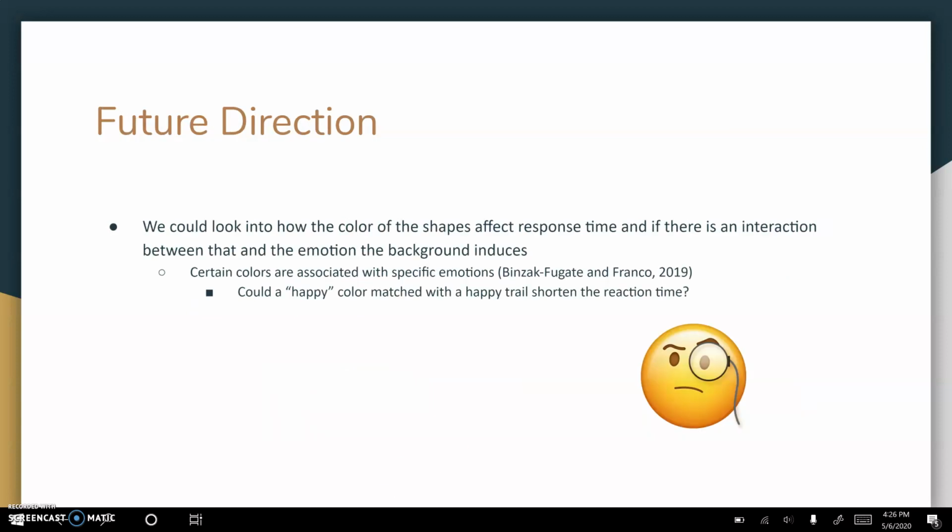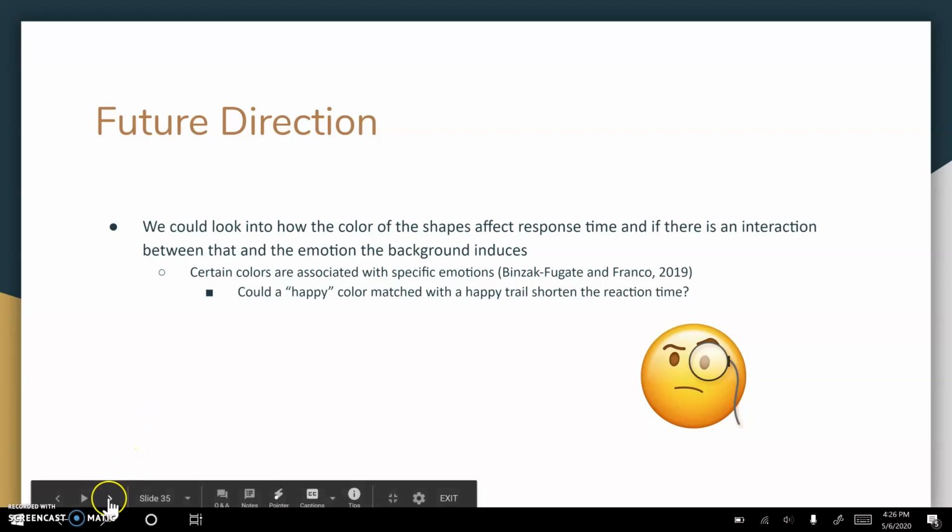A future direction that we could take with this is looking into how the colors of the shapes transposed on top of the background image affect response time, and if there's an interaction between the color and the emotion the background induces. I believe that there could be a significant interaction between these two because there are certain colors that are associated with different emotions.